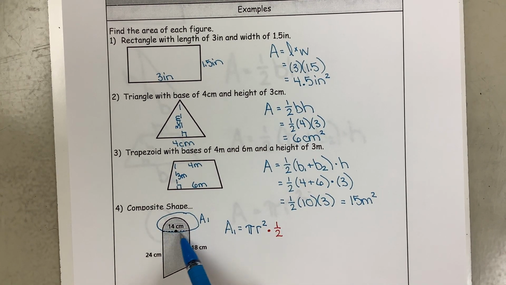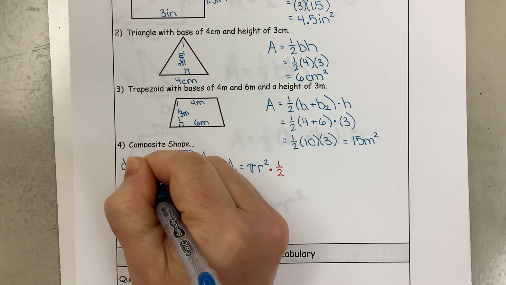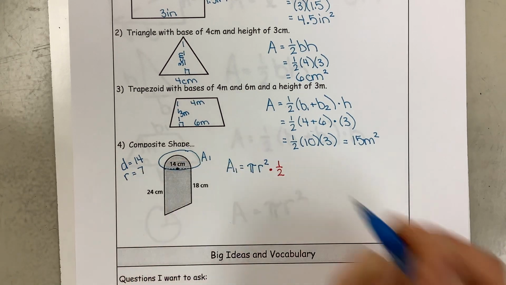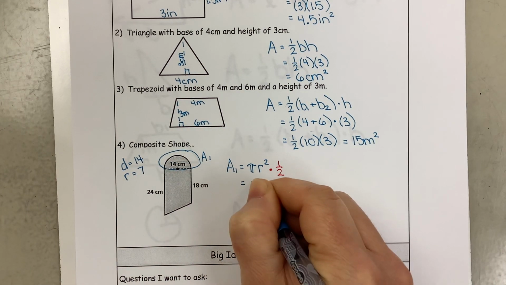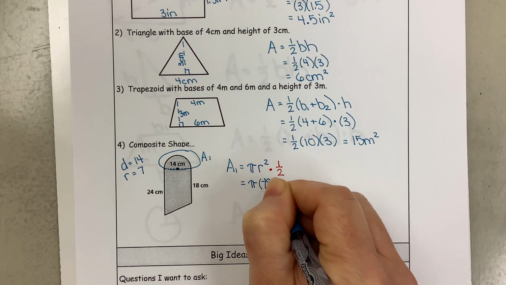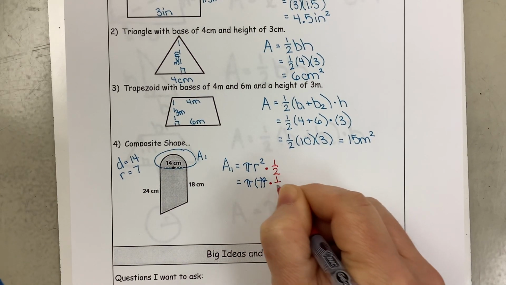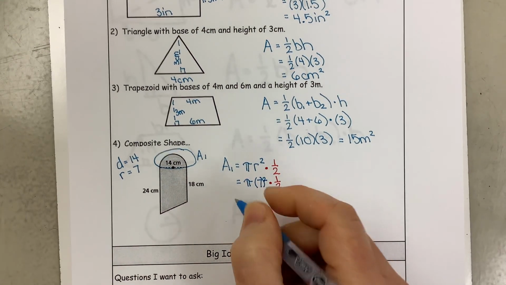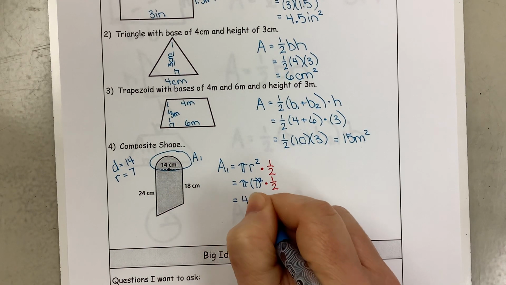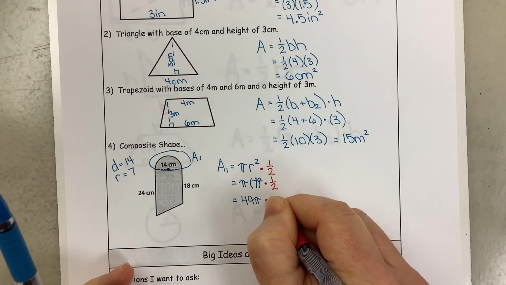The diameter is 14, which means if my diameter is 14, then my radius is half of that, so 7. So I'm going to take pi times 7 squared times 1/2. 7 squared is 49, so I have 49 pi, but I have to remember to cut that in half.